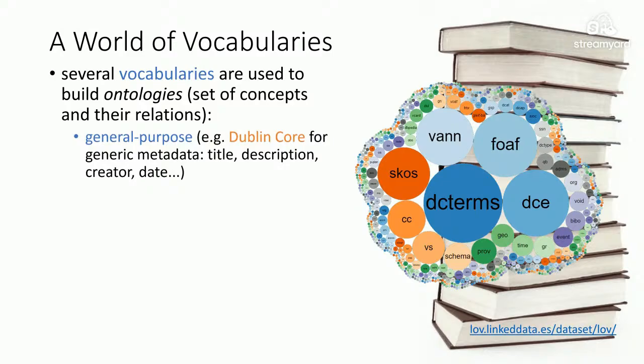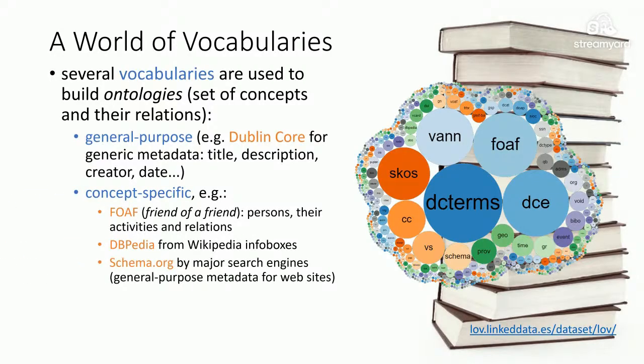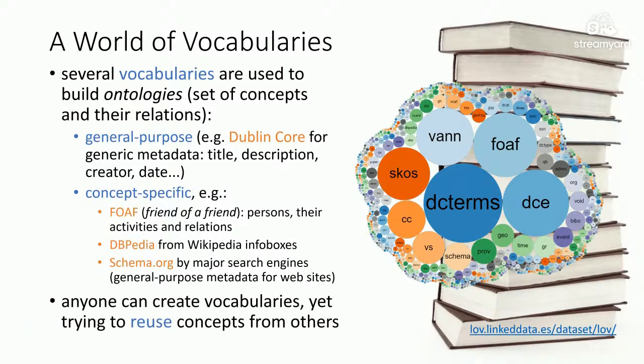Some are general purpose, like Dublin Core, which is used to define generic metadata like title, description, creator. Others are more concept specific. For instance, FOAF is used to describe persons and their activities. And anyone can create ontologies, but of course, we want to reuse concepts from others without having to reinvent the wheel each time.